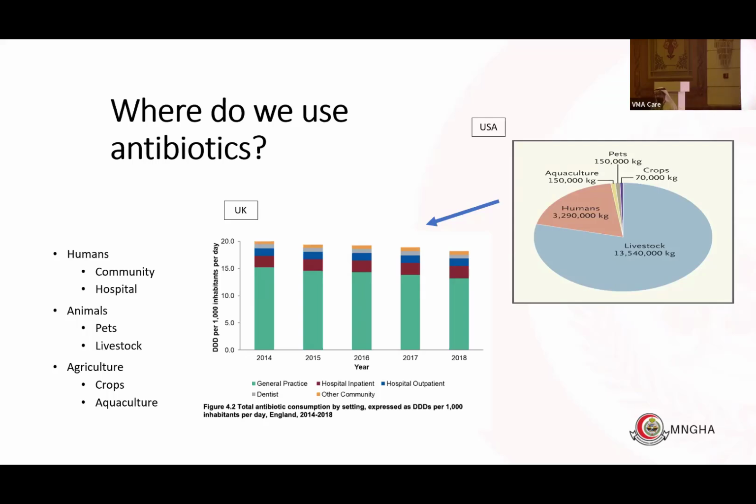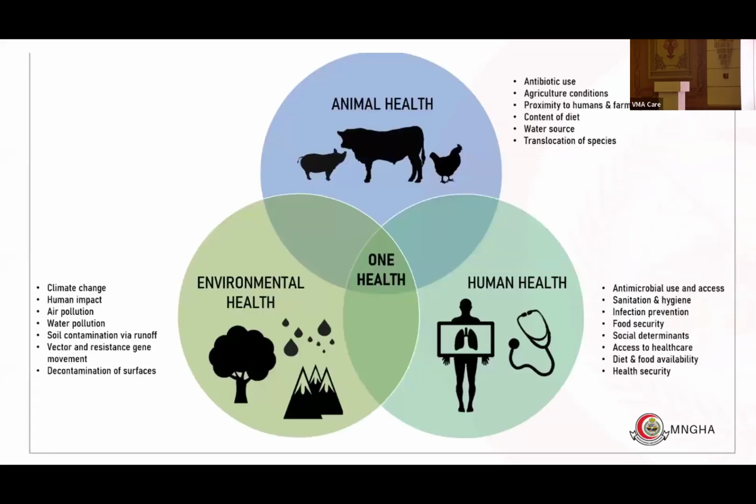So a majority of antibiotic is used in the community. Only the red part is used in the hospital. This is very important to know about the situation of antibiotic consumption.